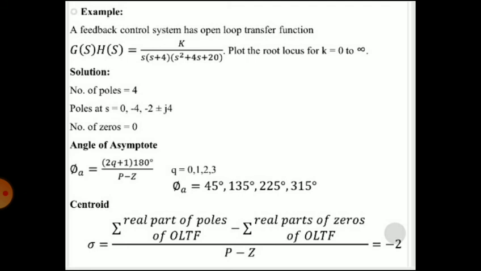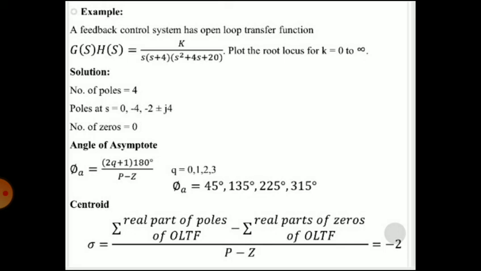So the number of poles is 4. The s values are s equal to 0, s equal to minus 4, and two values, minus 2 plus or minus j4. The number of zeros is 0. For the angle of asymptotes, phi alpha, the formula is given. How many values do you have to find?